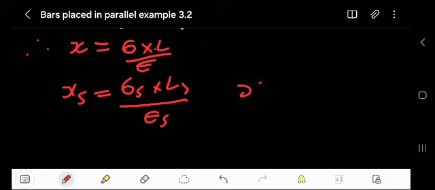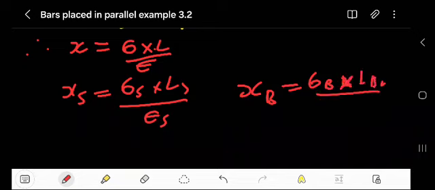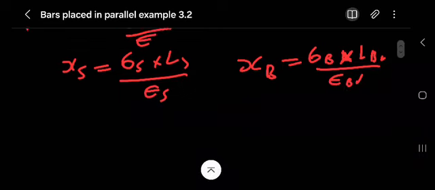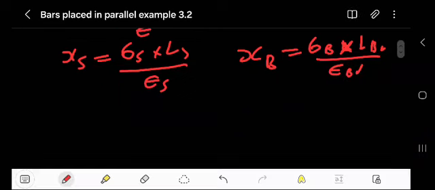Or you can use that of the bronze, multiplied by the length of the bronze, or E of the bronze. They are the same, isn't it? Remember, they will be the same. It's one and the same thing. So it's up to you which one we use.